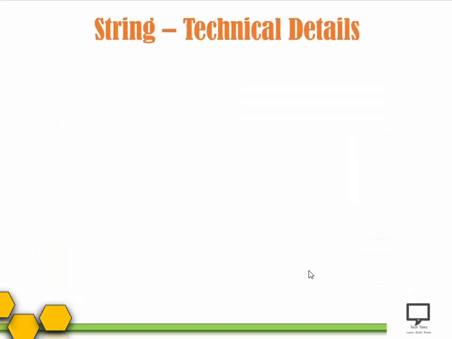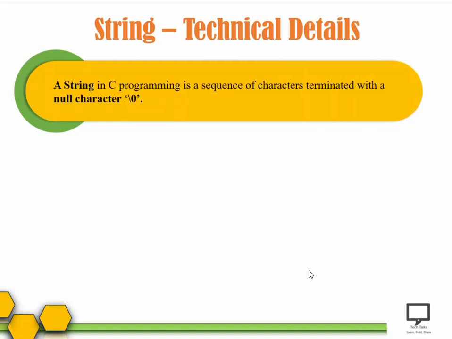Now let's move forward with its technical details. A string in C programming is a sequence of characters, as we have already seen. But the technical thing is that it is always terminated with a null character. What do you mean by null character? The null character is backslash zero, and as it is a character, it is included in single quotes. A sequence of characters, if it is a string, always ends with the null character, backslash zero.